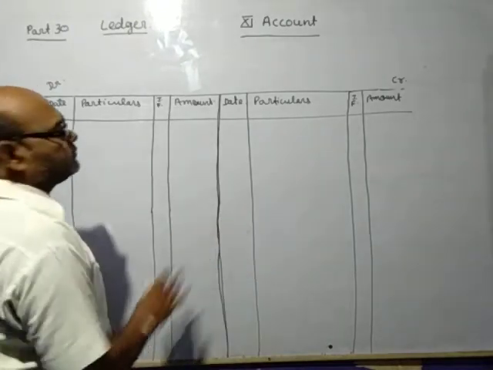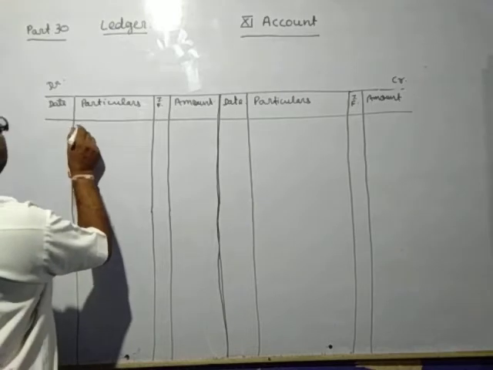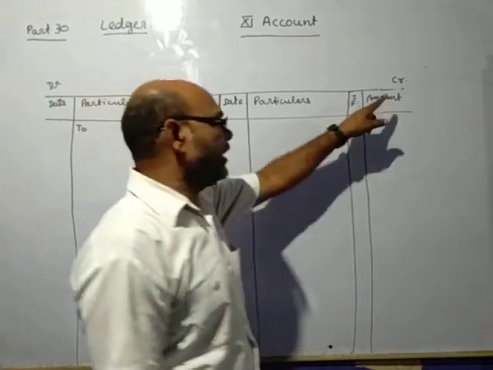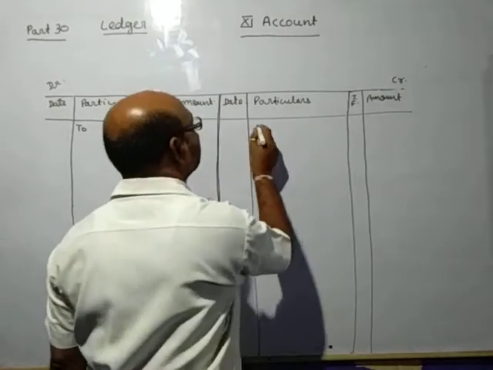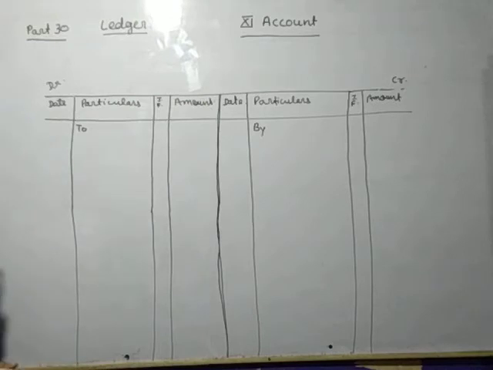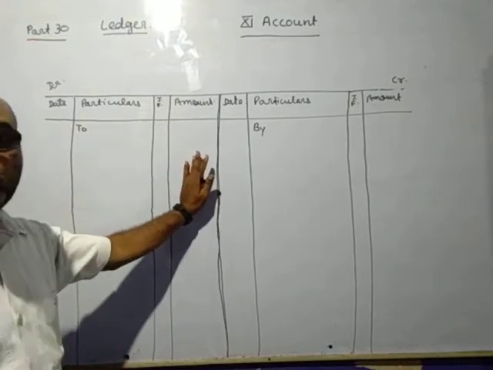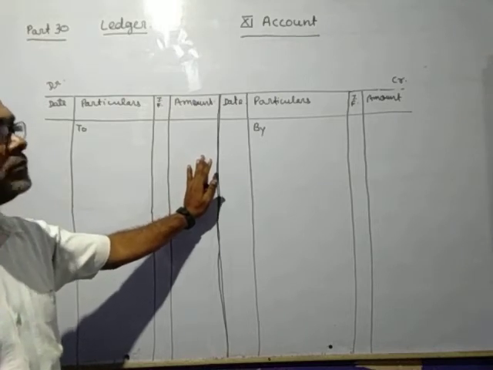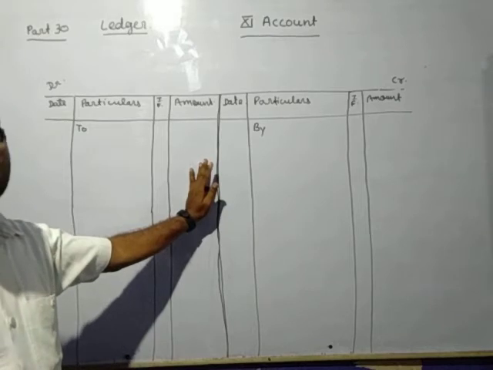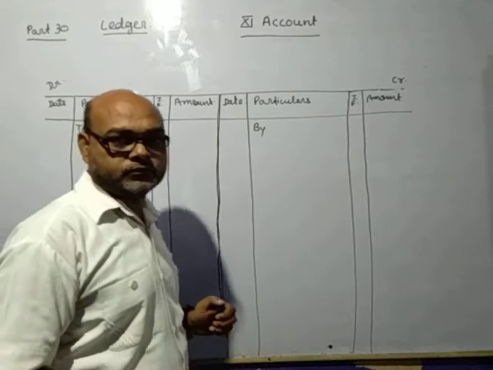Now in the ledger, when you make a posting on the debit side, always before this you will write 'To'. And when you make any posting on the credit side, before this you will write 'By'. Now, to prepare the ledger, you have to keep your journal in mind, and from the journal you will make the posting in the ledger.